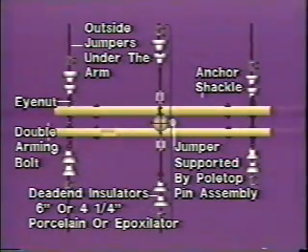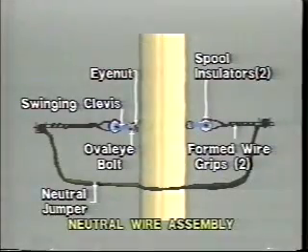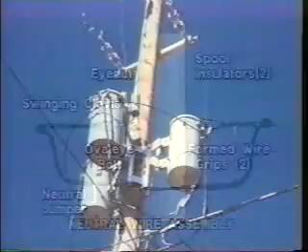Oval eye bolts and eye nuts will give additional climbing clearance. The outside phases are dead-ended into the double crossarms. Guying systems would not normally be required because of the balanced load. The neutral wires are supported by a swinging clevis on both faces of the pole.